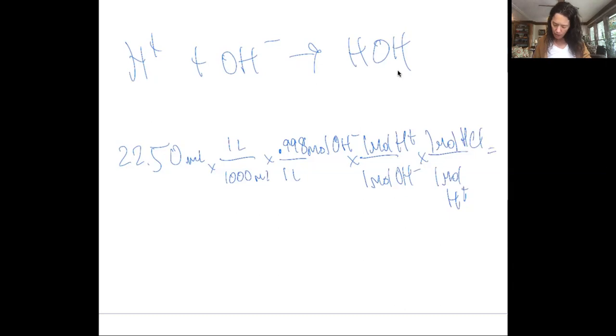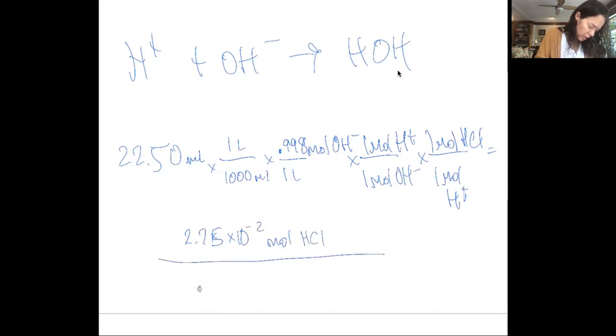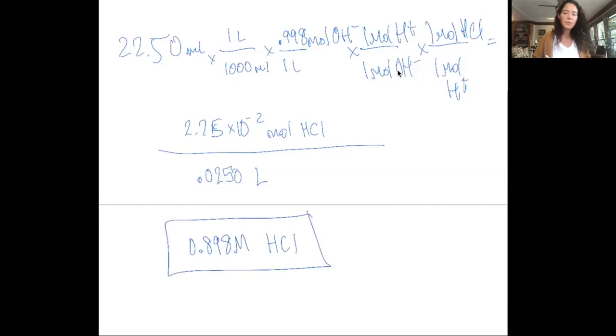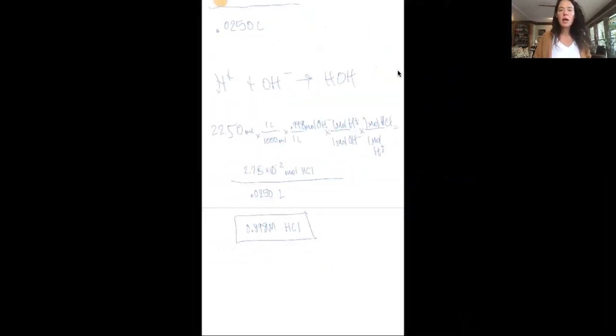Thus, we have 0.0225 times 0.998 equals 2.25 times 10 to the negative second moles of HCl divided by the 0.0250 liters equals 0.898 molar HCl.